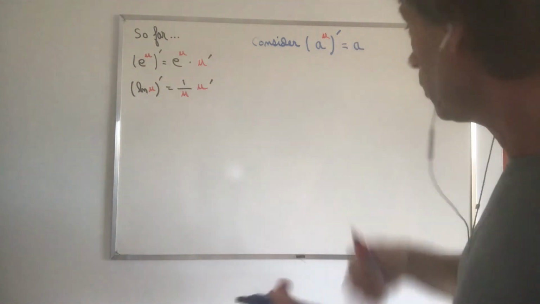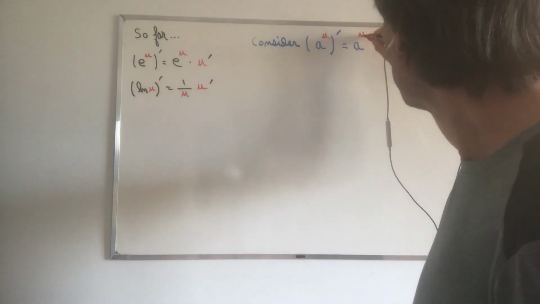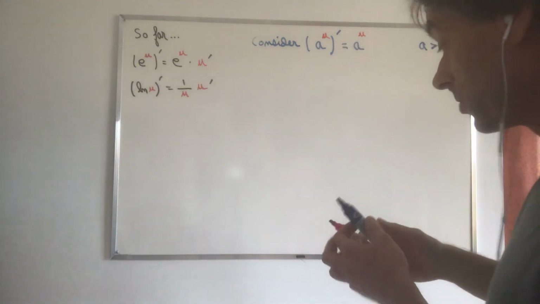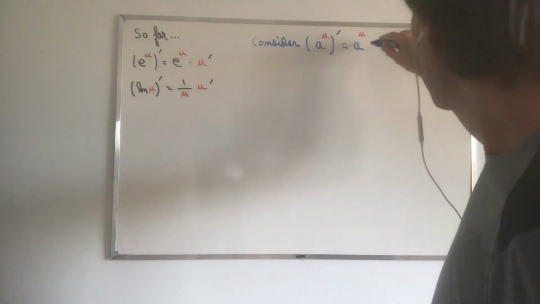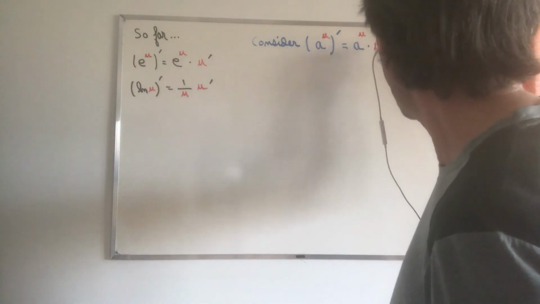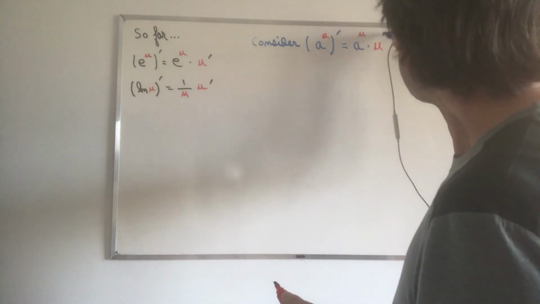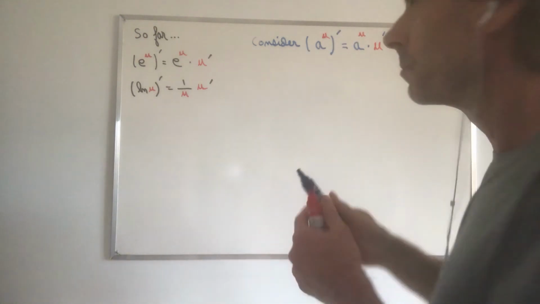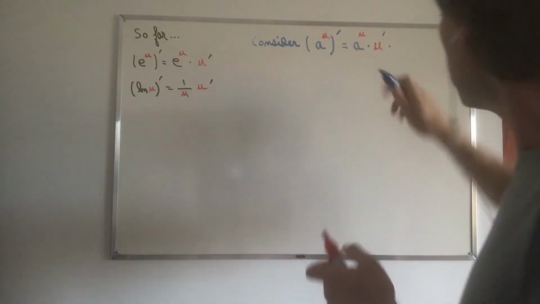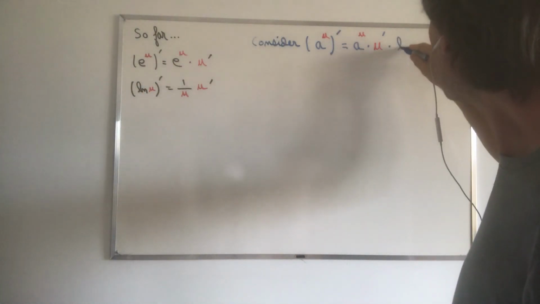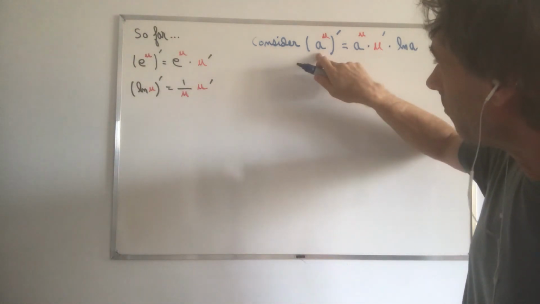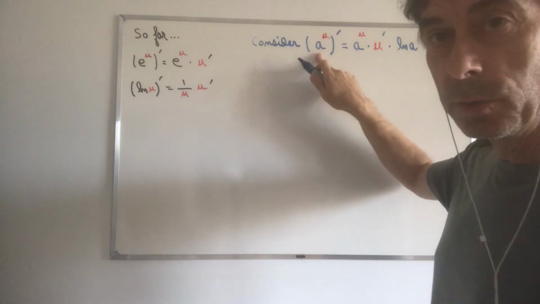A to the u, the derivative is a to the u, not a big surprise, it's pretty close to that, times u prime, not a big surprise, because this has a u prime as well, times an extra little particle that actually goes there when you're deriving, say, something like 2 to the u.